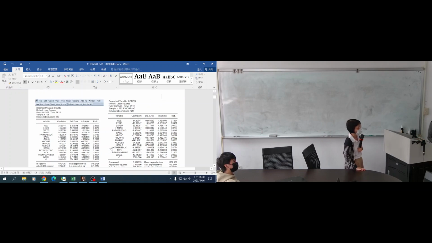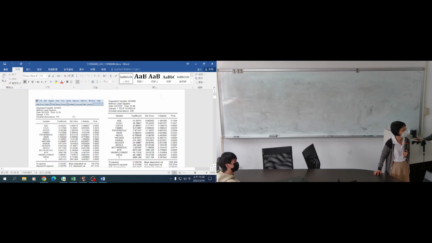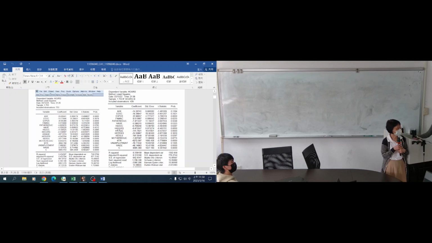At first, I ran the sample of 753 observations, and then Steve reminded me to do the condition with hours greater than 0. So I will just compare these two. We have some different signs here. For mother education, before it was positive, and then it turned out to be negative on this side. Can we make it a little bit larger?